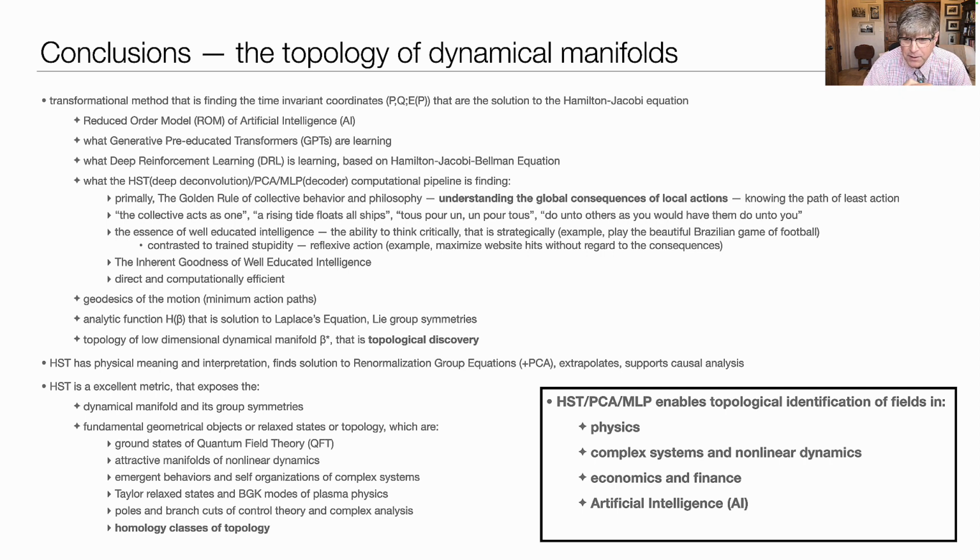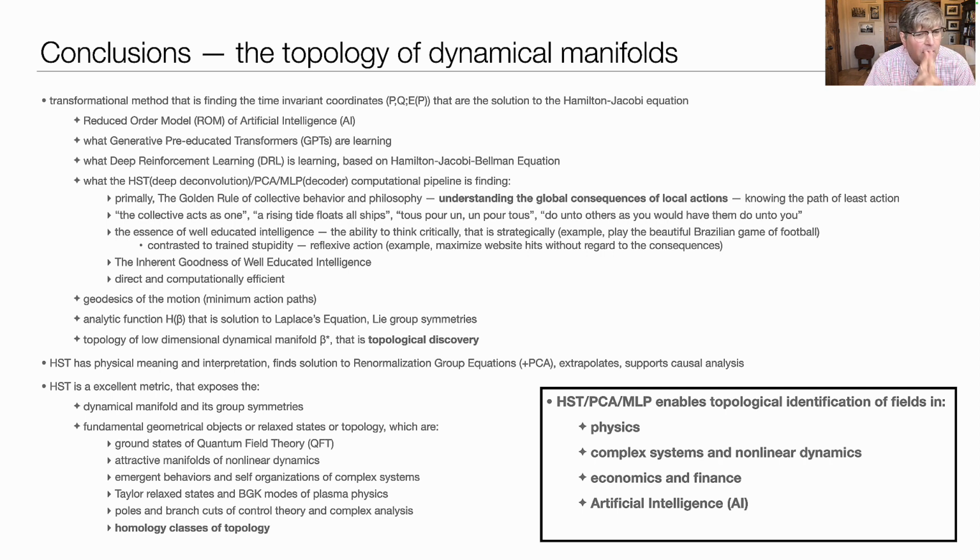An example of this is playing the beautiful Brazilian game of football. You have to worry about where the arc of the play is going to take you, and the beautiful aesthetic associated with that arc, or the arc that you would like things to take.